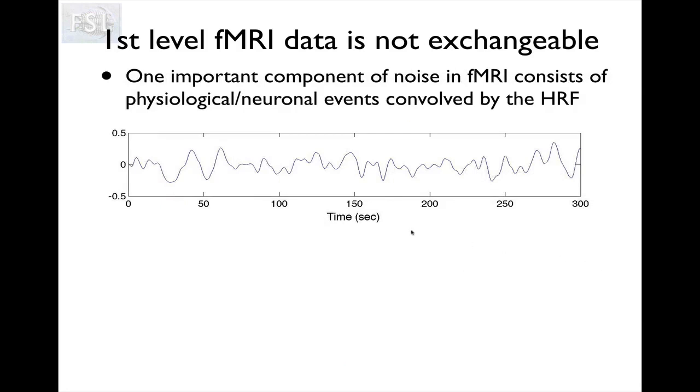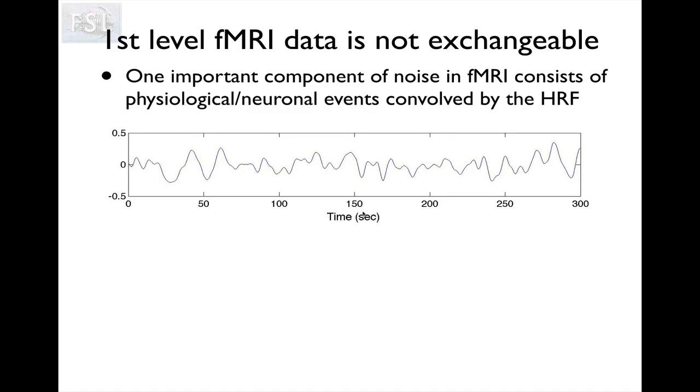If you remember from the GLM talk, I was talking about how the different data points in an FMRI data set are not independent. The example I used was weather, where weather changes gradually over time.